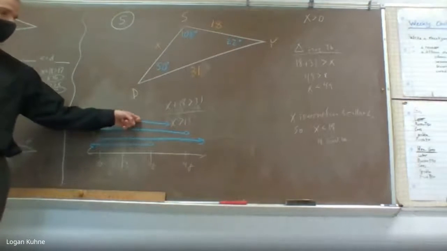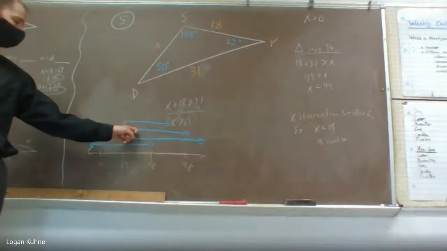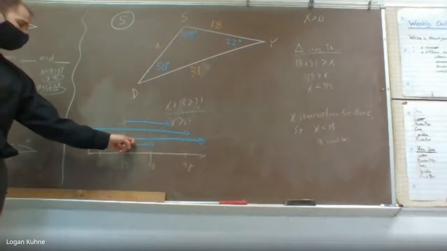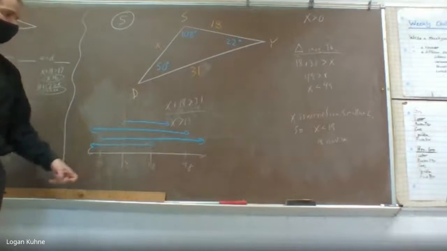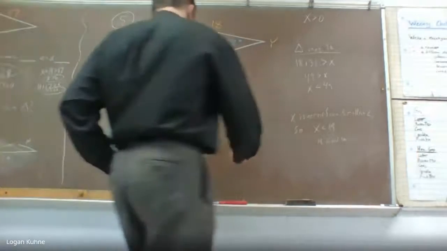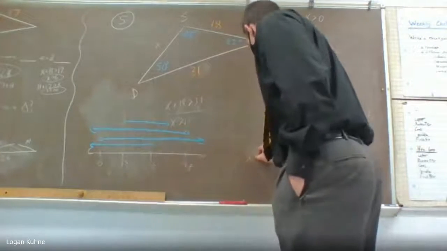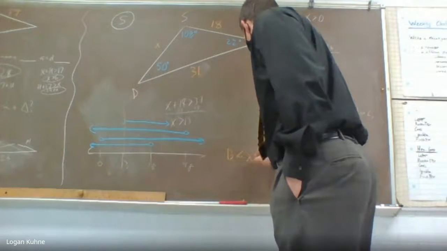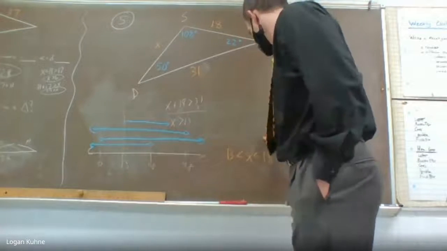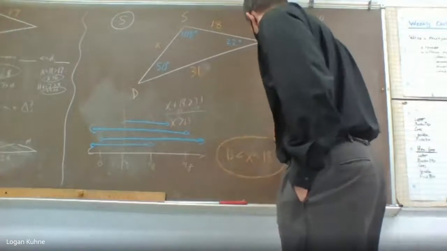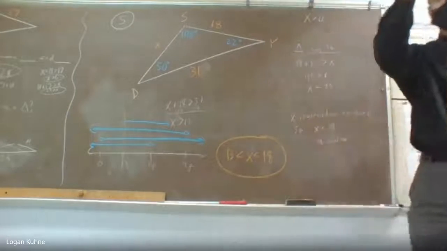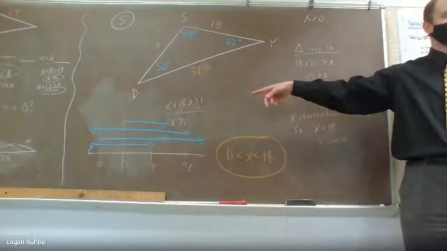I know it's got to be bigger than 13, less than 48. It's got to be bigger than 0 and less than 18. So what can I say? X is between 13 and 18. So exactly what you did, that's just kind of a way to visualize it if you need that.